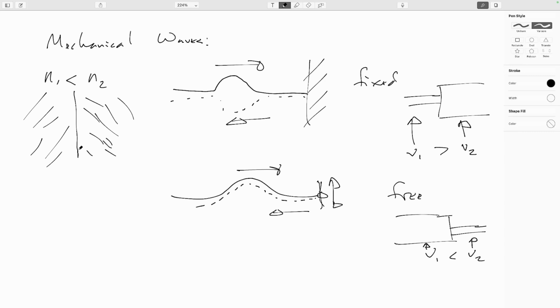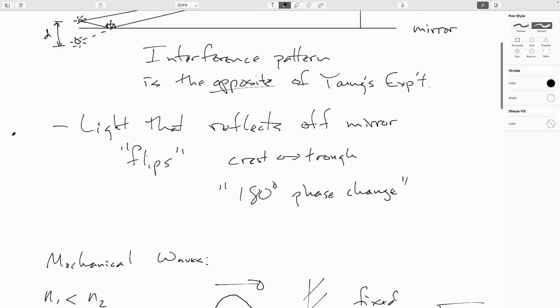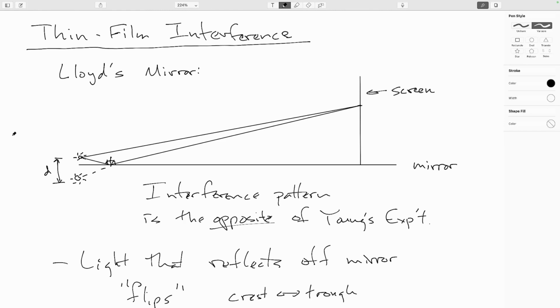There will be light that reflects off of this surface, and that light that reflects back will reflect upside down. That is what was happening with Lloyd's mirror. If we go back here, the material here is air. It could be a vacuum for all it matters, because remember, the index of refraction of air is only slightly bigger than 1.